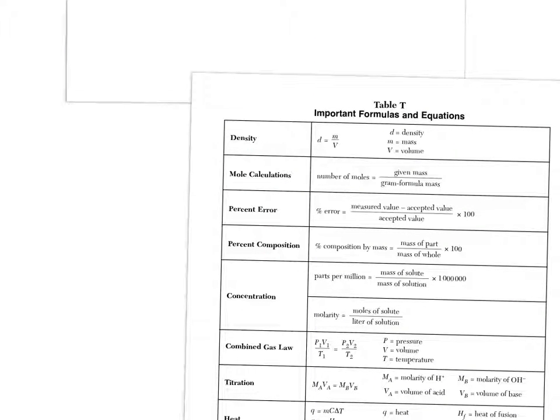So this right here is asking you to solve for the volume, given the molarity for an acid and the molarity for a base. We're also given the volume of base. So this definitely is the titration formula as shown here. So in order to do this, all we're doing is calculating MA times VA is equal to MB times VB.